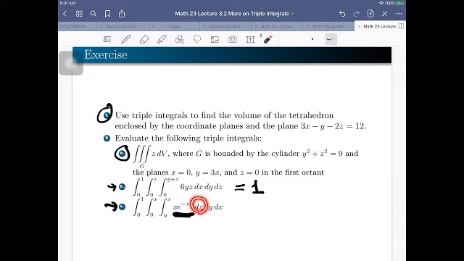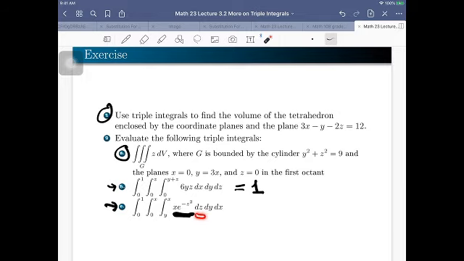Because this is with respect to z, you have to look at this function. And you may know from the topic on switching the order of integration in double integrals that this is not integrable. The only way to do this is to switch the order of integration.